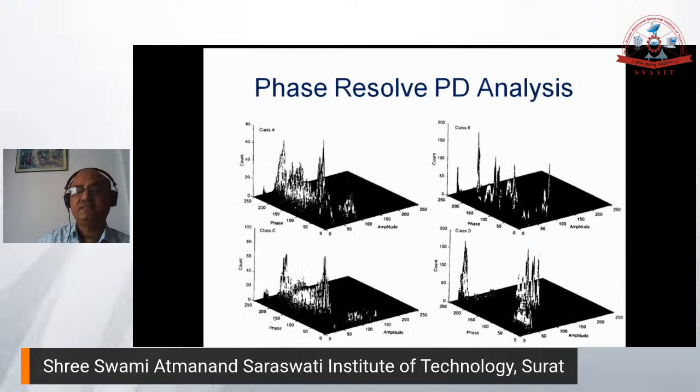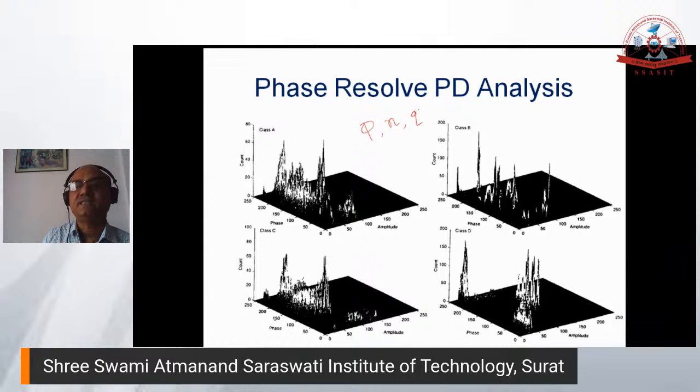will have three components we can measure. One is the phase angle, number of pulses, and magnitude of those pulses, which is called the phase angle of the pulses phi, number of pulses n, and magnitude of the pulses q.